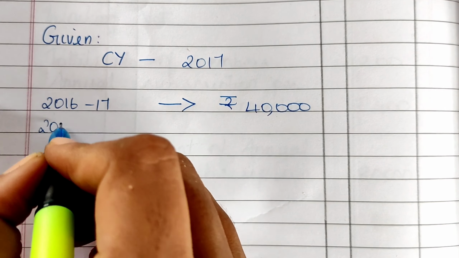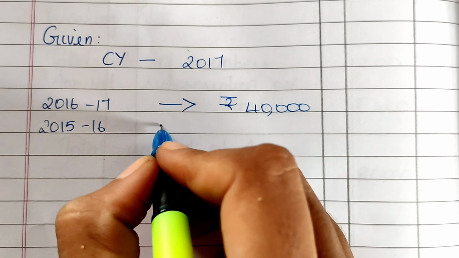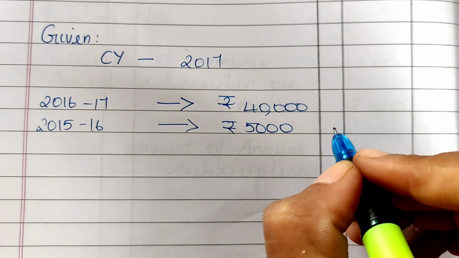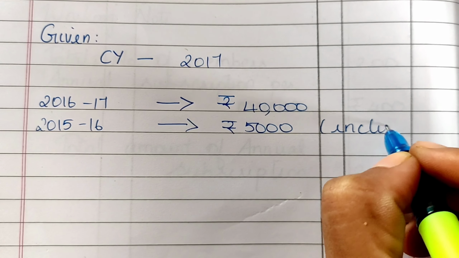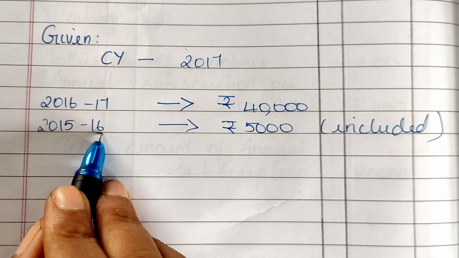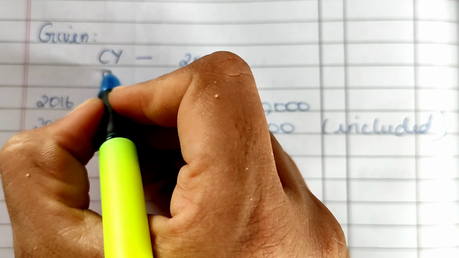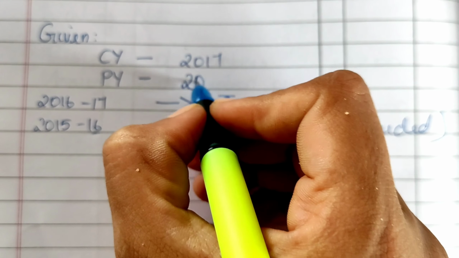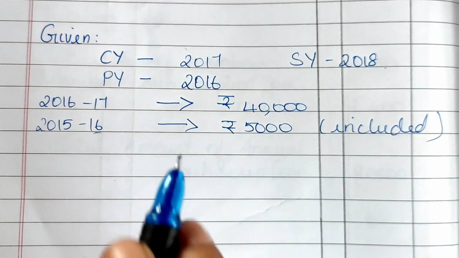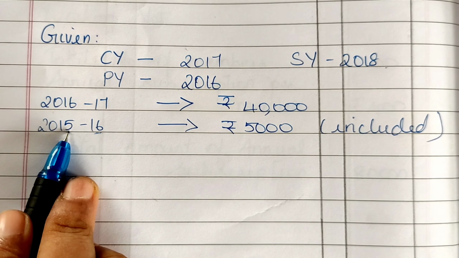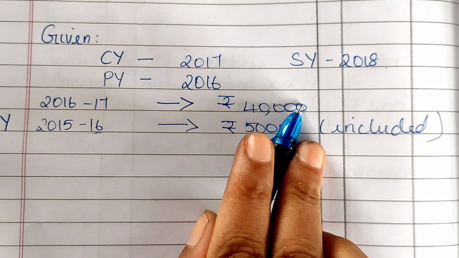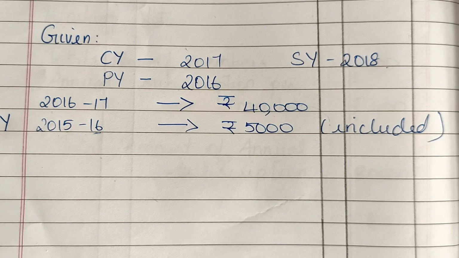So 2015-16, rupees 5,000, is included in this 40,000. 2016 is the previous year, and the subsequent year will be 2018. So this is a subscription for the previous year which is included in the 40,000 of the current year.